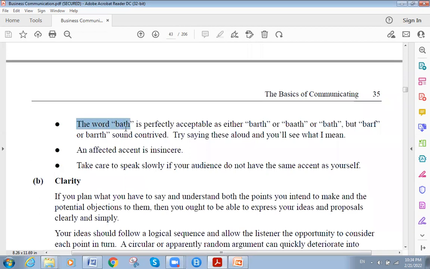The word bath is perfectly acceptable as either bath or bath or bath, but bath or bath sound contrived. Try saying this aloud and you will see what I mean here, what the writer means here.